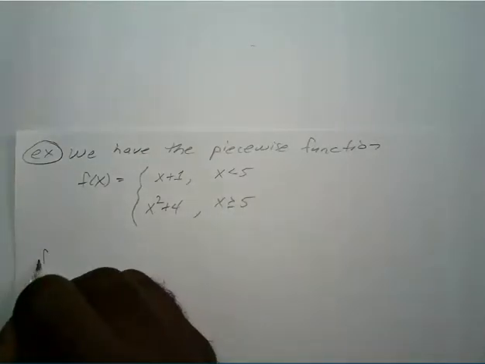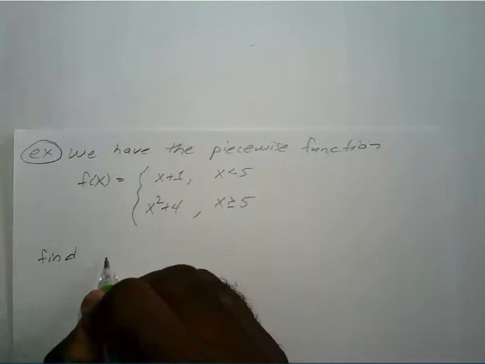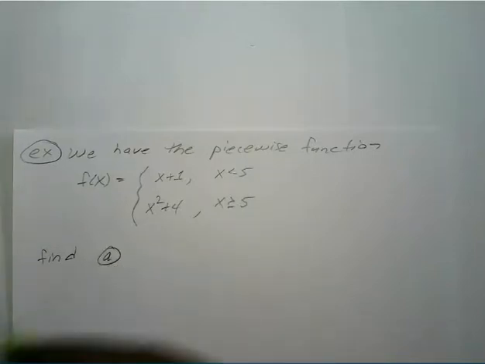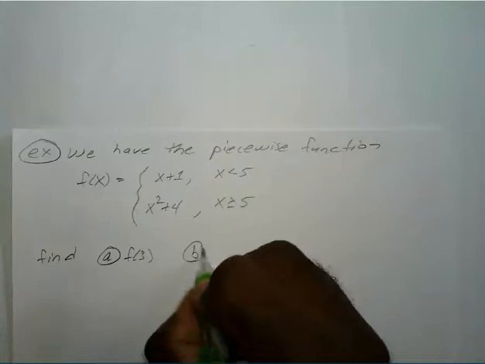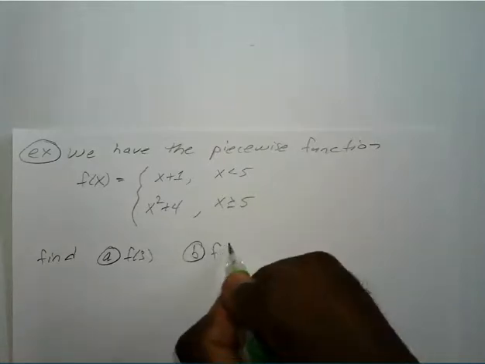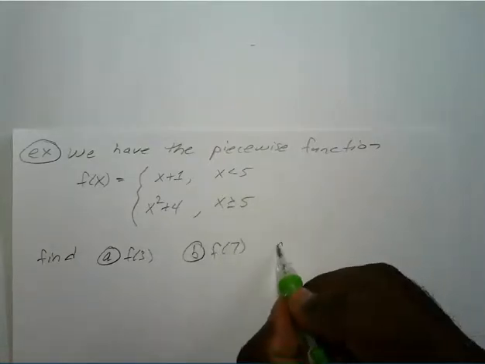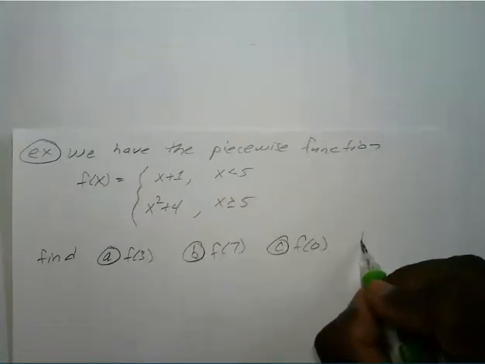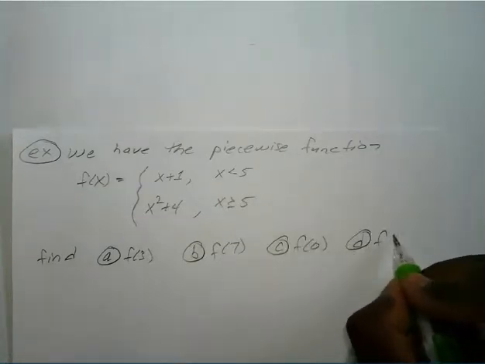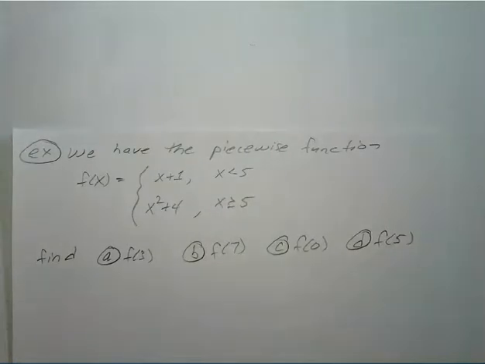Find, for problem A, f of 3, for problem B, f of 7, for problem C, f of 0, and for problem D, f of 5.